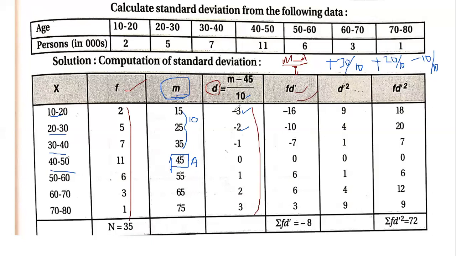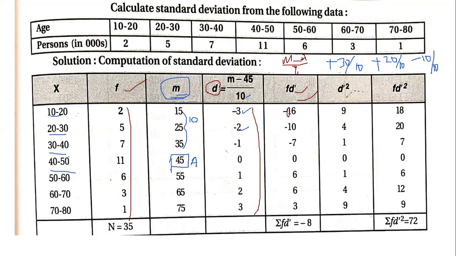So 2 into minus 3 is minus 6. There may be slight calculation mistakes, so they will be rectified then and there, do not worry. 5 into minus 2 is minus 10, 7 into minus 1 is minus 7, then 11 into 0 is 0, 6 into 1 is 6, 3 into 2 is 6, 1 into 3 is 3. So these are the FD dash values you get.